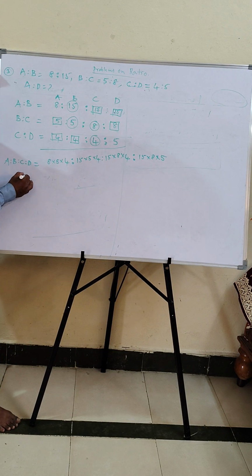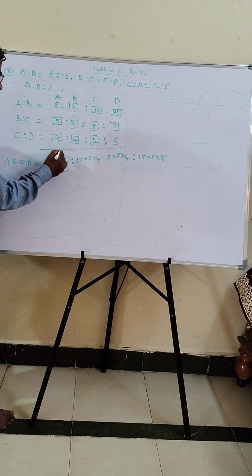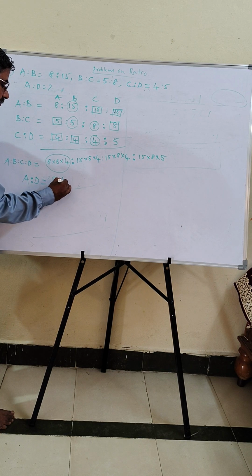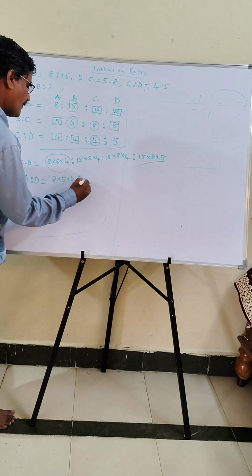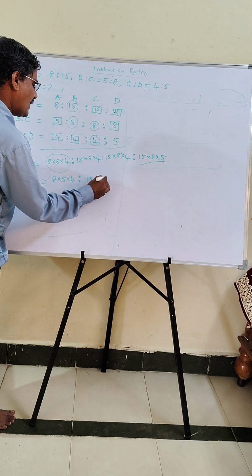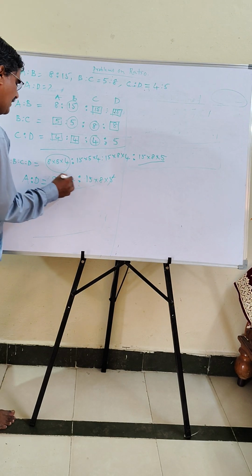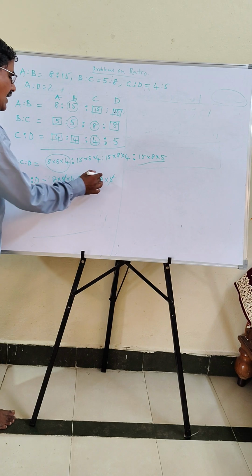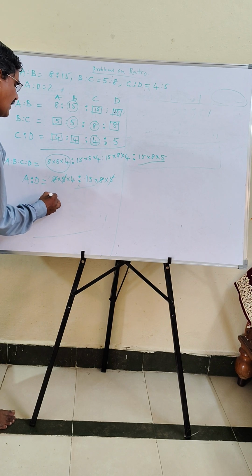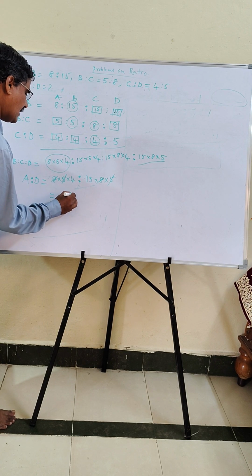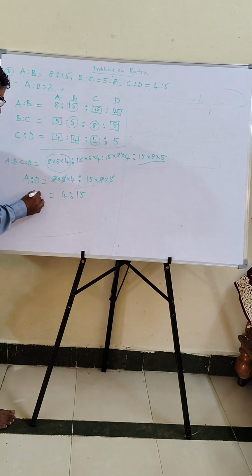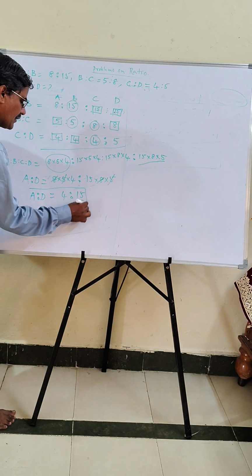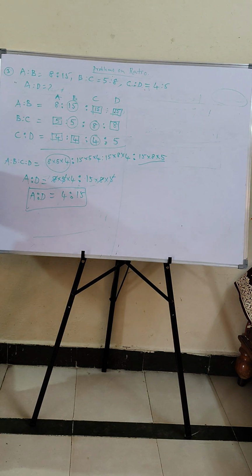Here we want to find out only A is to D. A value is 8 into 5 into 4, is to D value is 15 into 8 into 5. 5 gets cancelled, 8 gets cancelled. Here the value remaining is 4 is to 15. This is the A is to D value.